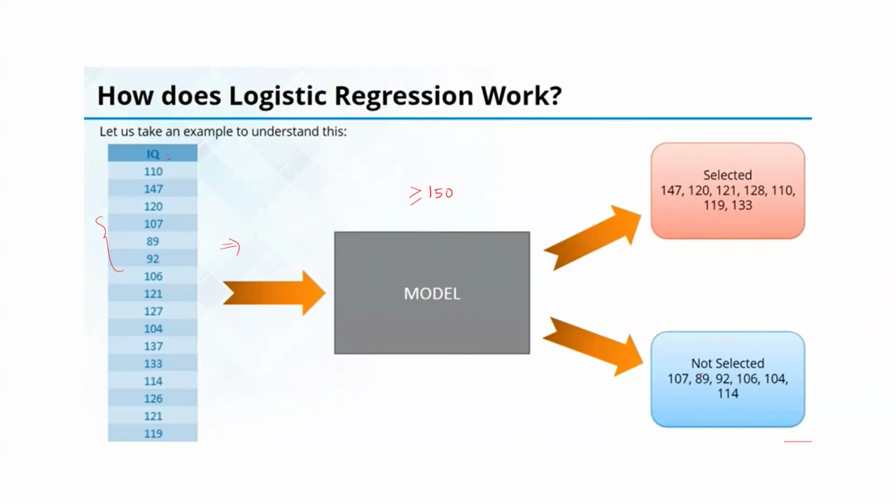Okay, and then if we have set a threshold value, let's suppose 100, then whoever has IQ levels more than 100 is going to be selected, and whoever has IQ levels below 100 is going to be not selected. In this way, logistic regression works.